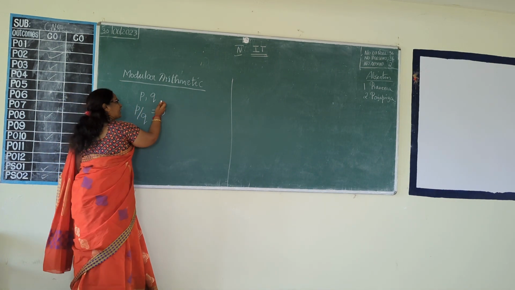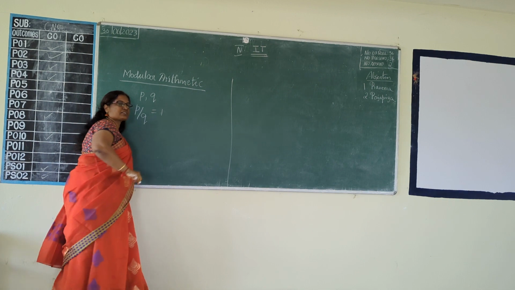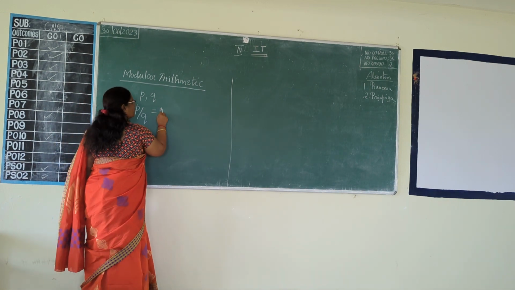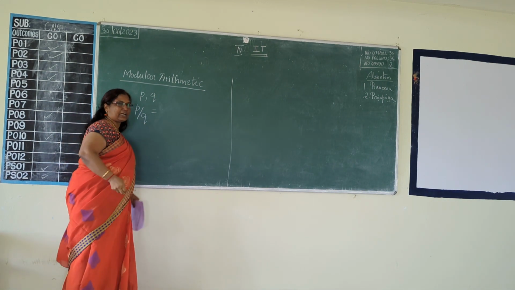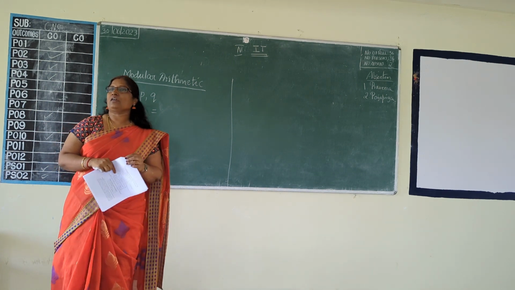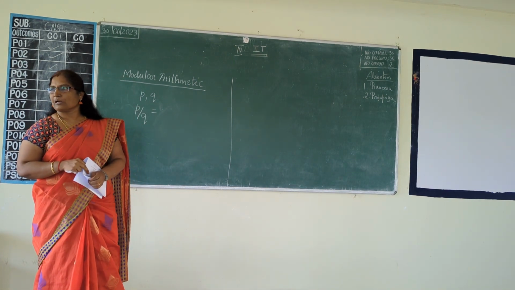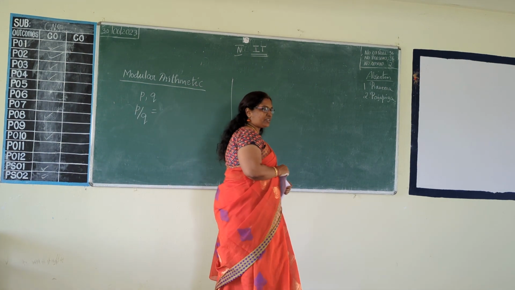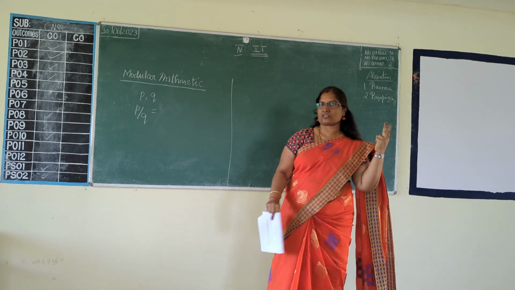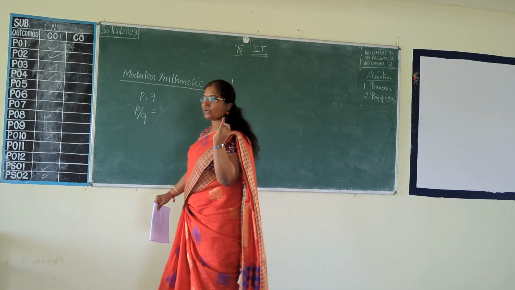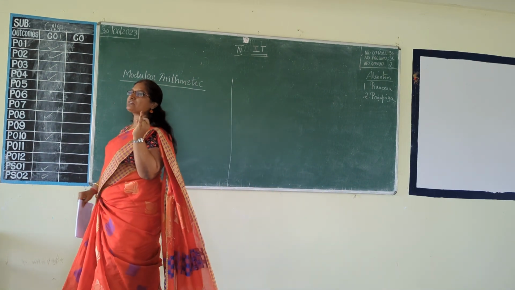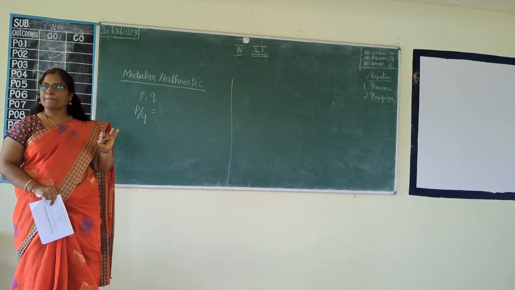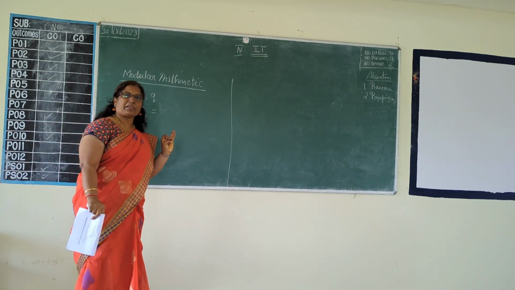There is no remainder. Suppose there are some remainders, 1, 2, 3, 4 or something like that. That remainder will be used for some mathematical operation. Whenever we perform division, we will have two things: one is the quotient, the other one is the remainder. If the number is divisible by some other number, the remainder will be 0.